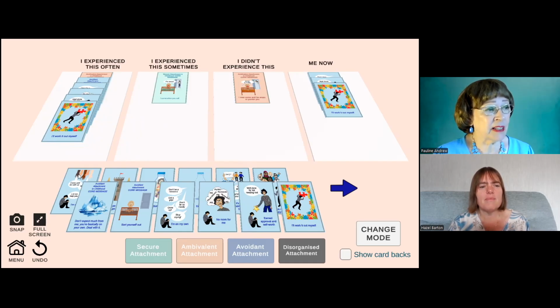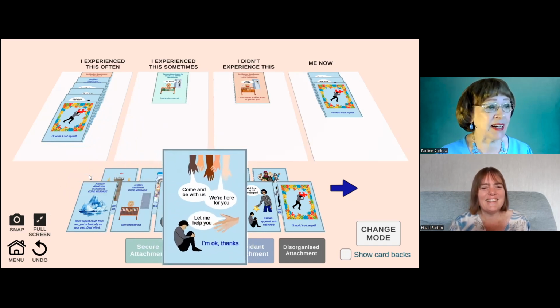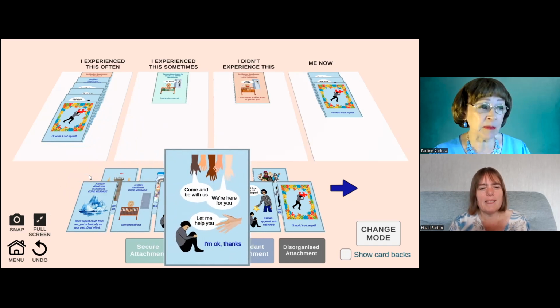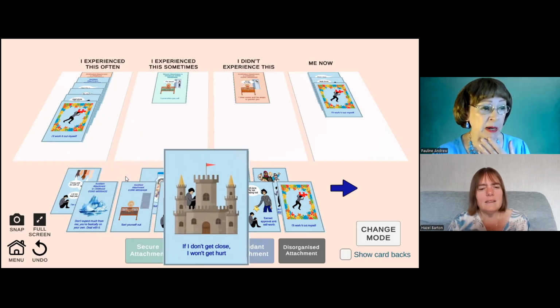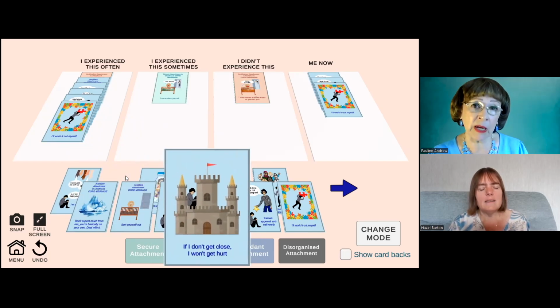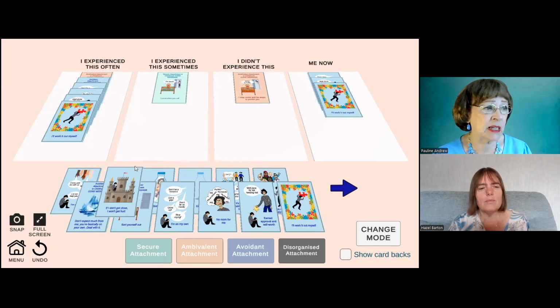You're doing great, Hazel. I'm simply going to go through the back row for now, because we could spend the whole time. I think we're getting a lot of clues about your attachment style. This is when people say, come and be with us, we're here for you, let me help you. "I'm okay, thanks." This one is about if I don't get close, I won't get hurt, quite defended.